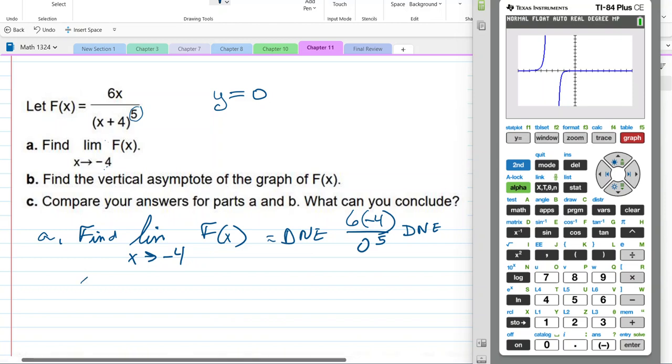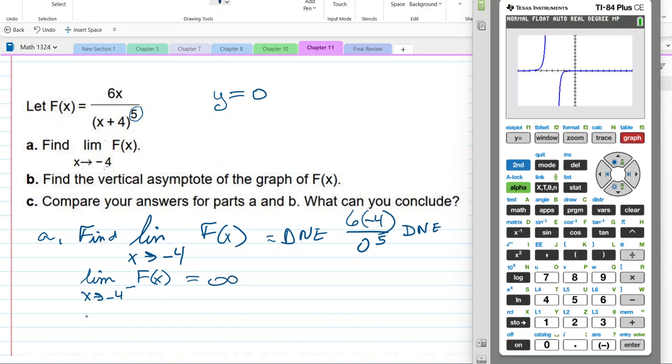Because the limit as x approaches -4 for cap f of x from the left is not the limit of f of x as x approaches -4 from the right, negative infinity, so it does not exist. All right, now what we have is asymptote.